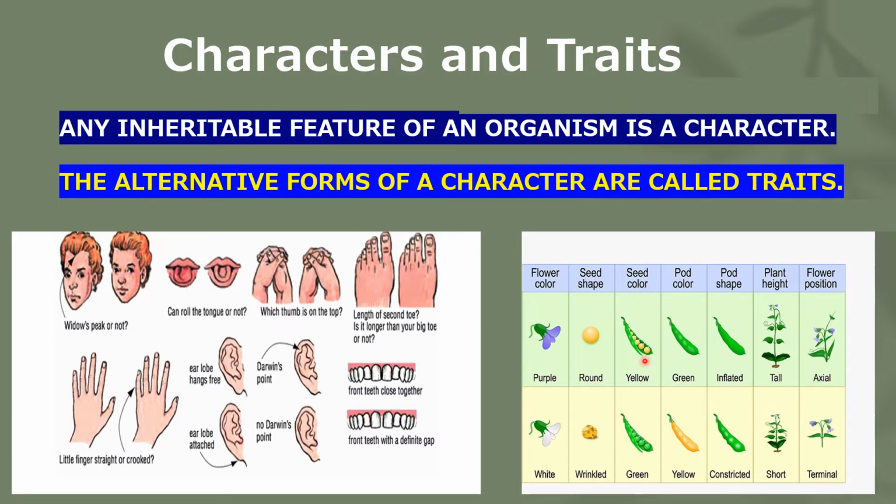Seed color, yellow and green, are the two traits. Pod color, green, yellow. Pod shape, inflated, constricted. Plant height, tall, short. Flower position, axial, terminal. These are the different characters and traits in Pisum sativum.